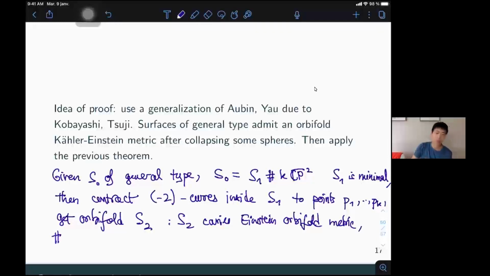Then what you can do is you glue around P1 to PK certain Ricci flat metrics, complete Ricci flat metrics, the so-called ALE spaces. So then you get back to S1.